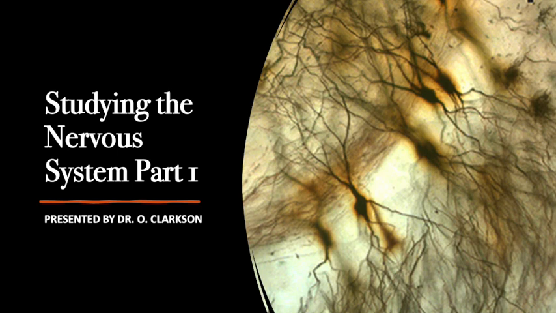So here's a couple images from your textbook. Not super high yield for the sake of your upcoming exam, but just to further demonstrate different types of imaging techniques. These are using, for example, electron microscopy. So these are transmission electron microscopy images. With electron microscopy, there's a couple different types.